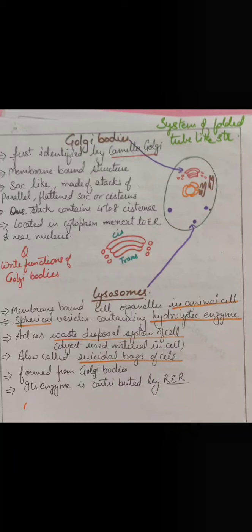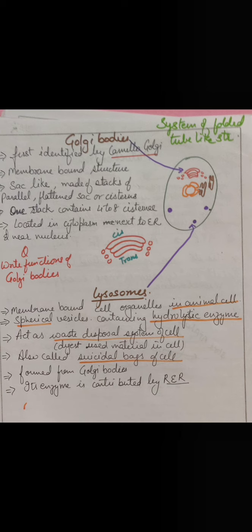It also temporarily stores protein that moves out of the cell through the vesicles of the Golgi apparatus. Third, it packs and transports the material synthesized in the endoplasmic reticulum to different target sites within the cell or outside the cell. Next, complex sugar is made from simple sugar with the help of the Golgi apparatus.